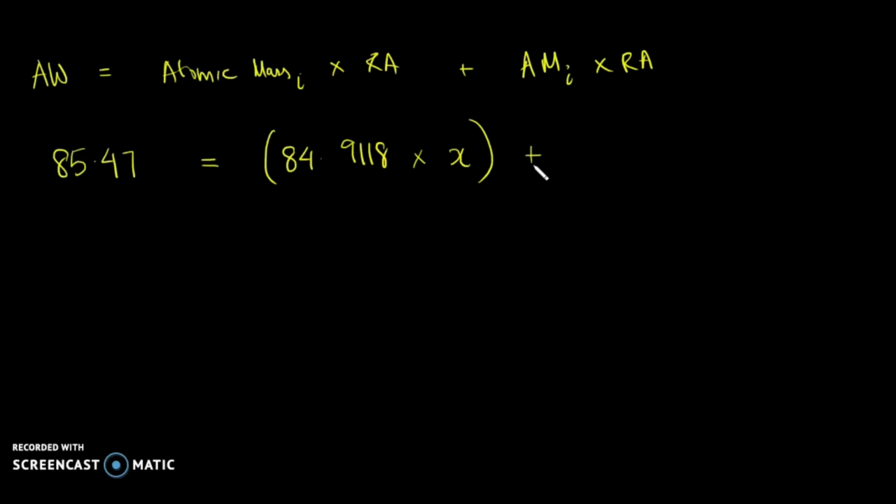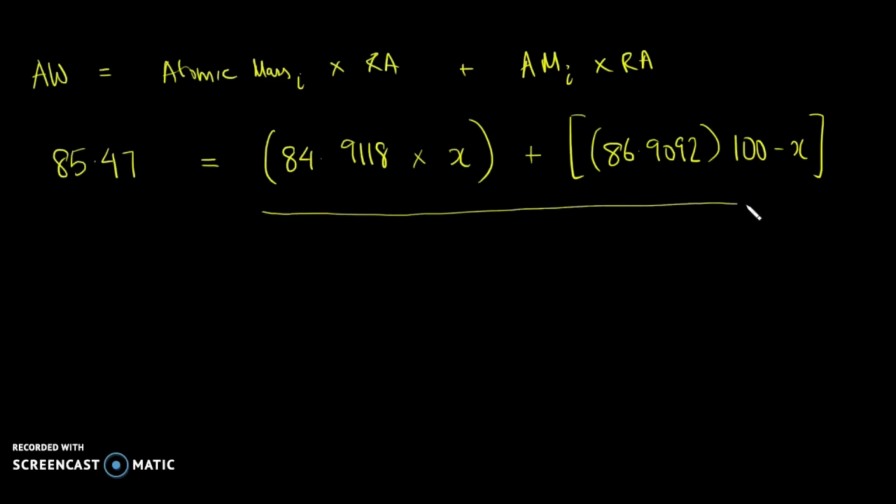Now this is going to be added to the atomic mass of the second isotope, rubidium-87, and that's 86.9092 U, times the percent abundance we defined to be 100 minus x, and that's going to go in square brackets. Now you may have noticed that I have not used ratio abundance. Rather, I'm using the direct percent abundance, because it would make the math much easier this way. Either way, we would get the same answer. Because I'm using the percent abundances, I'm going to divide this entire thing by 100.